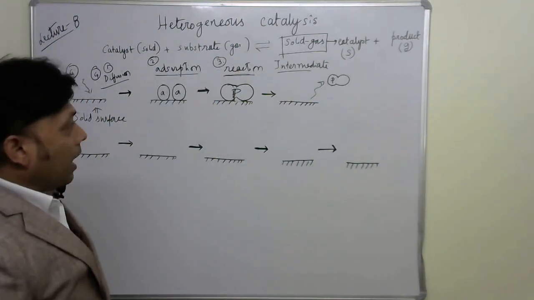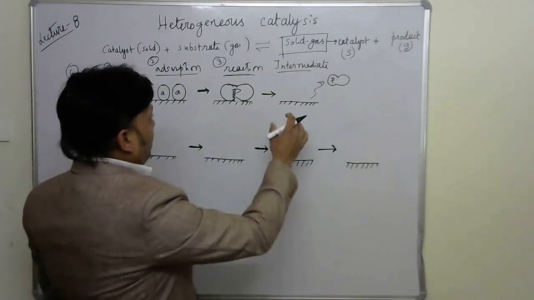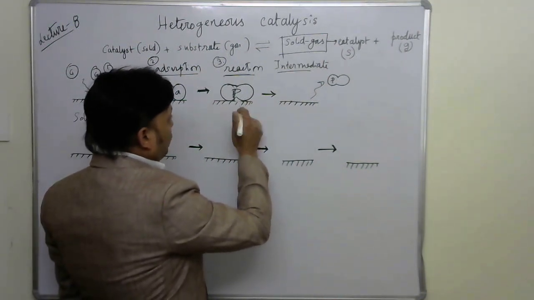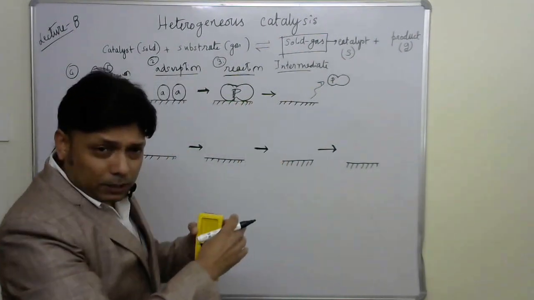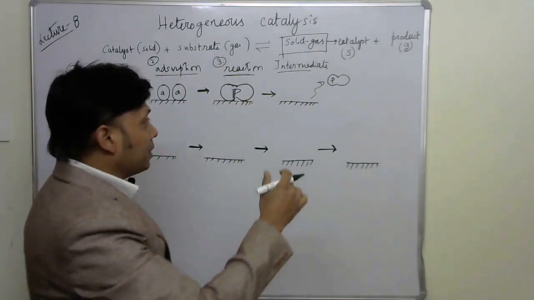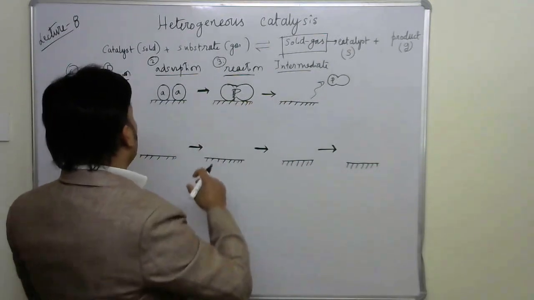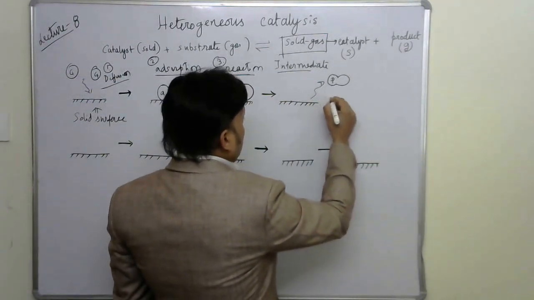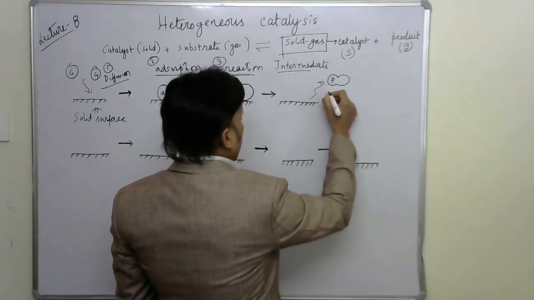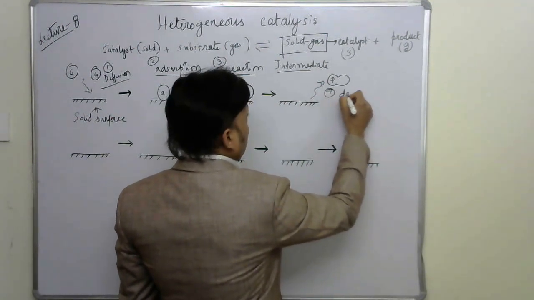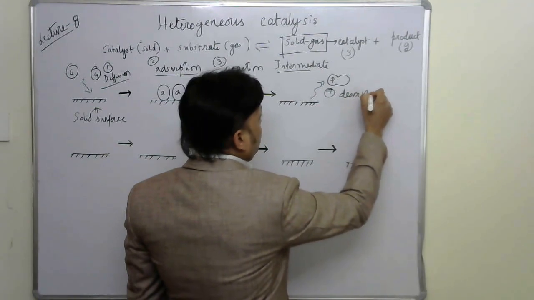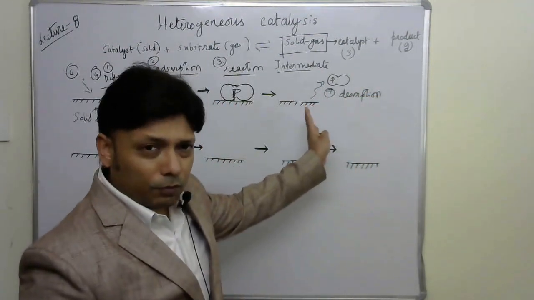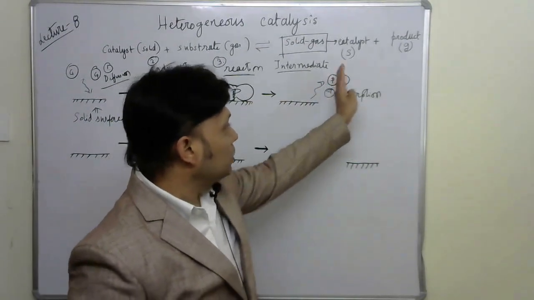Okay, and then at the last step, after formation of product, the product goes away from the surface. So this is exactly the opposite of the adsorption. So we can call this process desorption. And this desorption process is also coupled with the diffusion back to the environment.